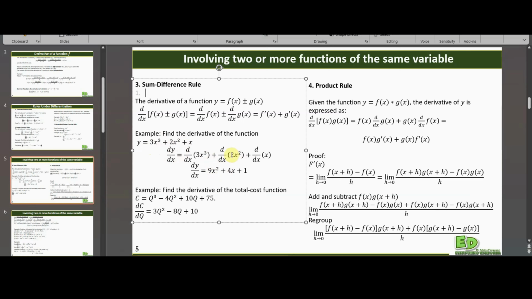Multiply the coefficient of 2 by the power of 2, that will give us 4. Reduce the power of 2 by 1, that will give us 4x, 2 minus 1, which is the same as 4x to the power 1, which is also equal to 4x, right? Then the last term is what? x. If you differentiate x, you get 1. So the differential of x is 1, right? Okay.